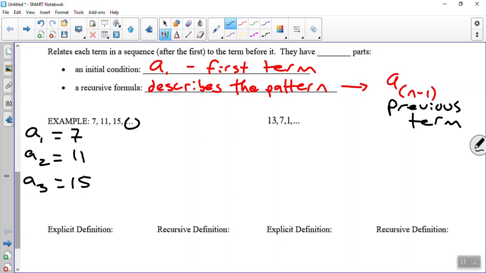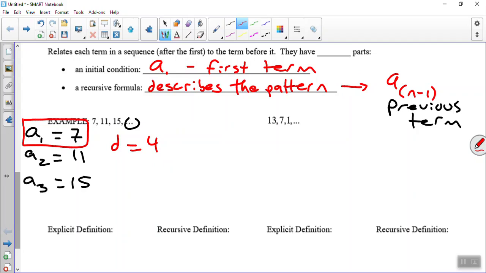All right, so what do we need to know? We need A sub 1, which we have. We need a common difference. So what's that difference? How did I get from 7 to 11 and from 11 to 15? It equals 4. Order or direction matters. It could be plus or minus, positive or negative here.